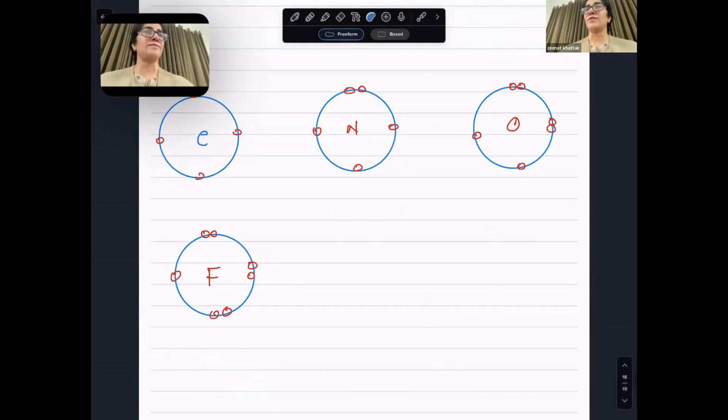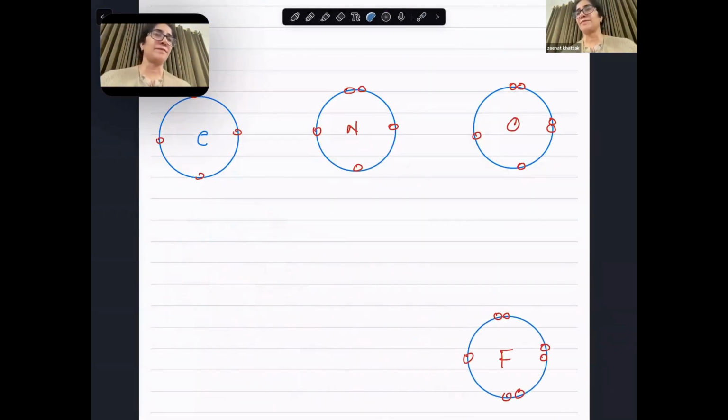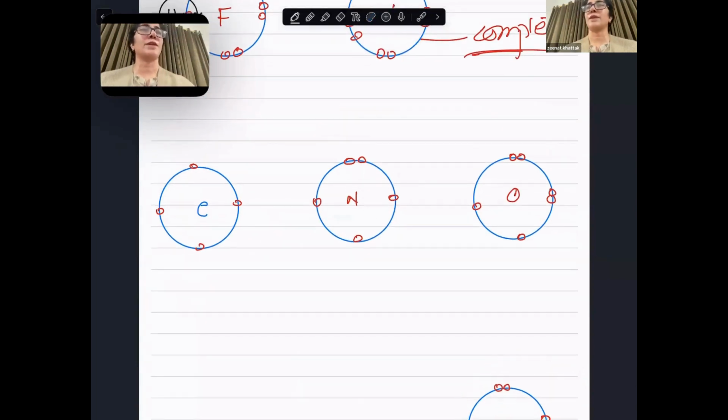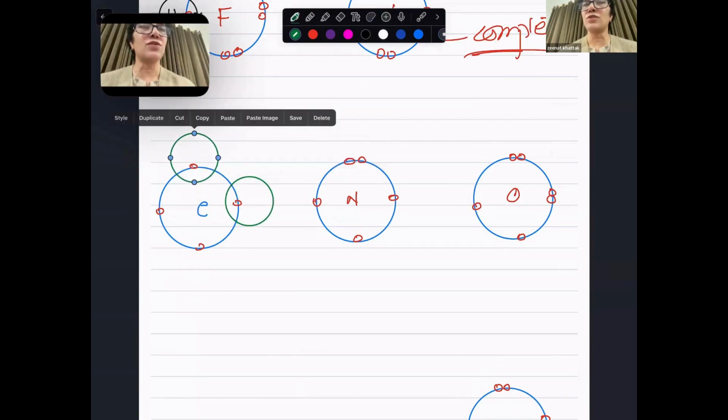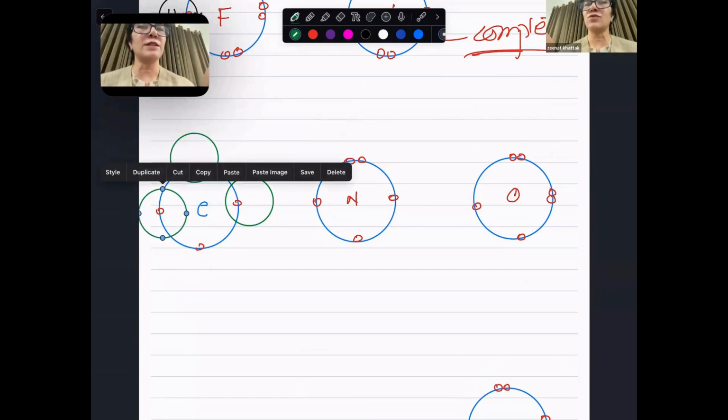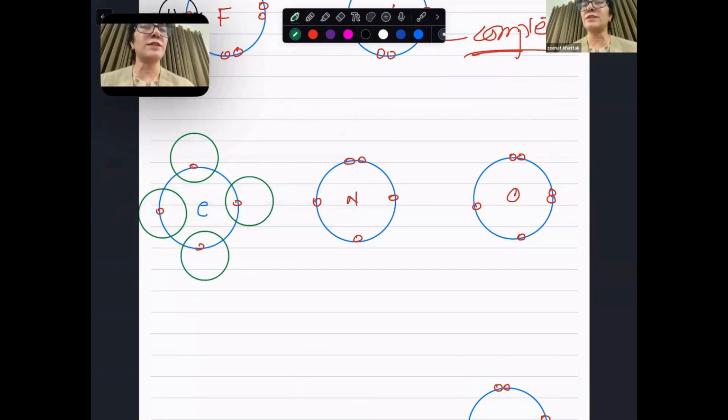Look, for instance, if I bring 4 chlorine, this is 1 chlorine, another chlorine, another chlorine, another chlorine. You know why?